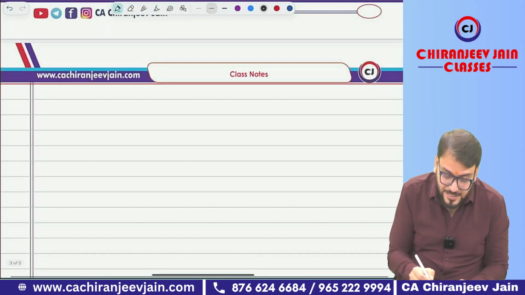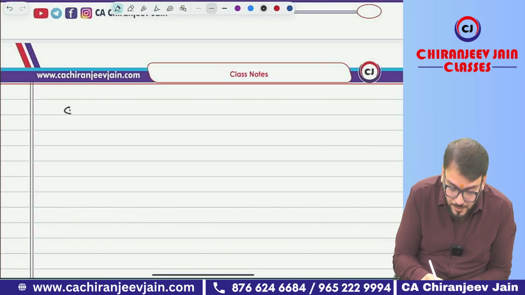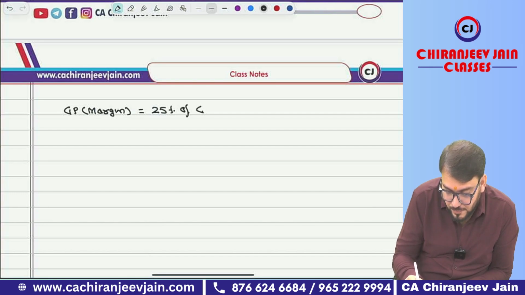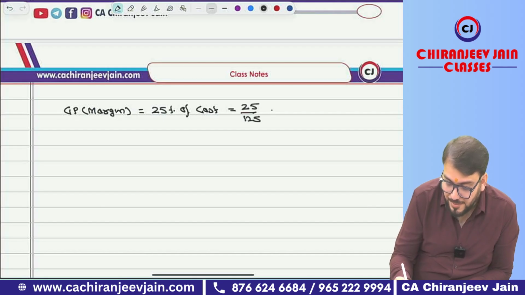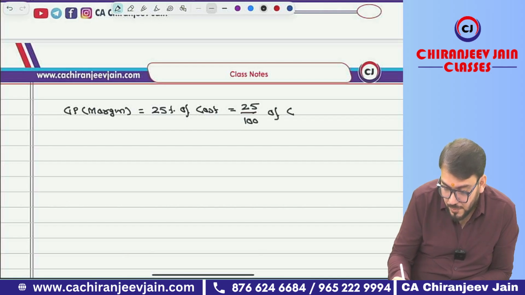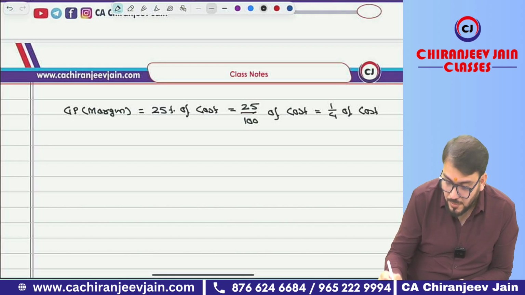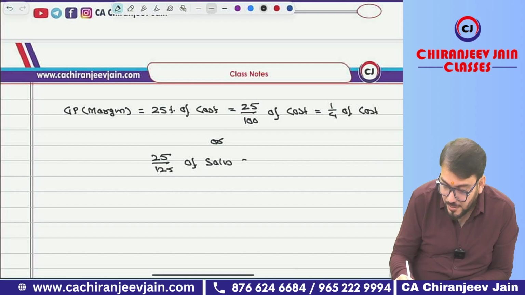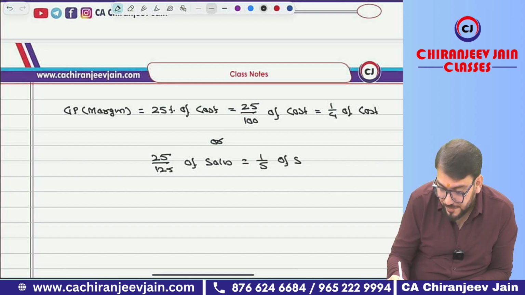Okay, sir. Means can I say in this way? If GP margin is 25% of cost, we will say 25 by 100 of cost, means 1 by 4 of cost, or we can say 25 by 125 of sales, which is nothing but 1 by 5 of sales.